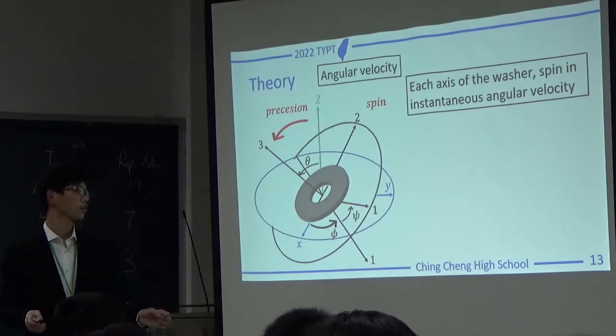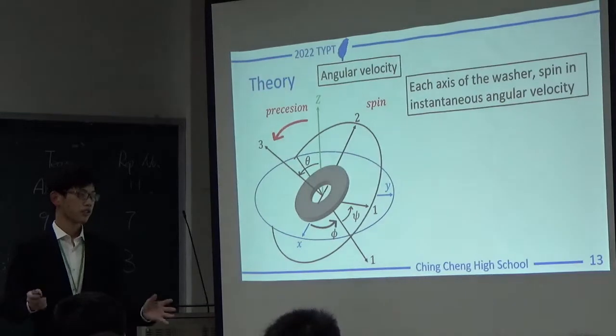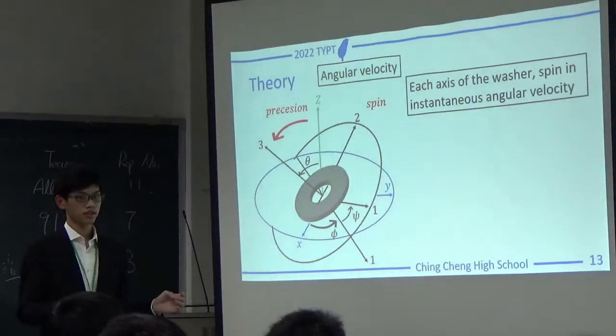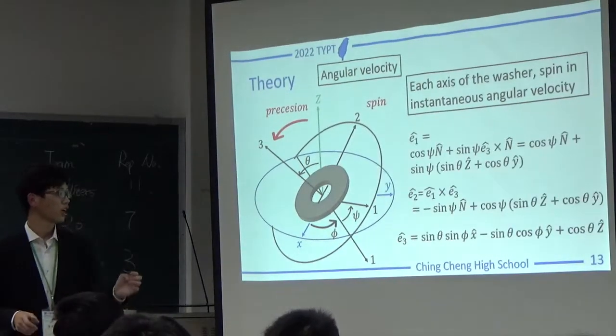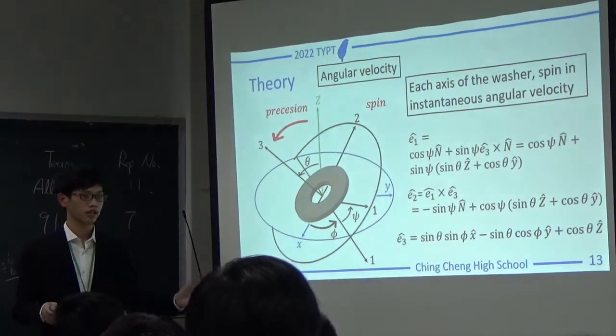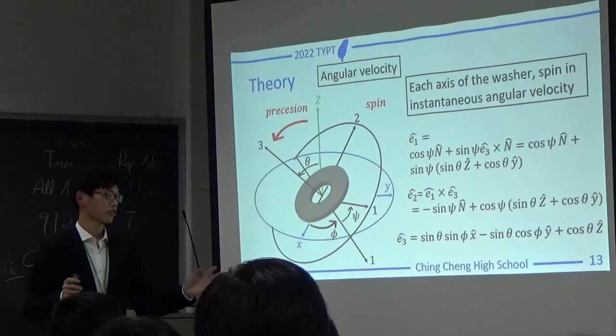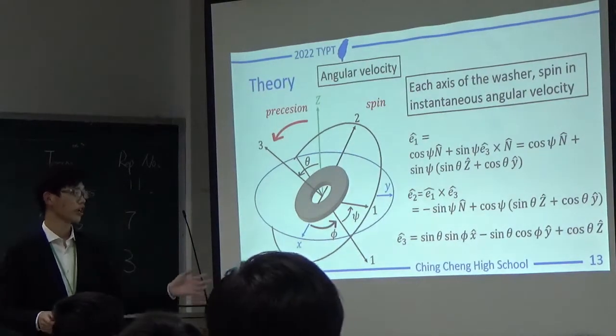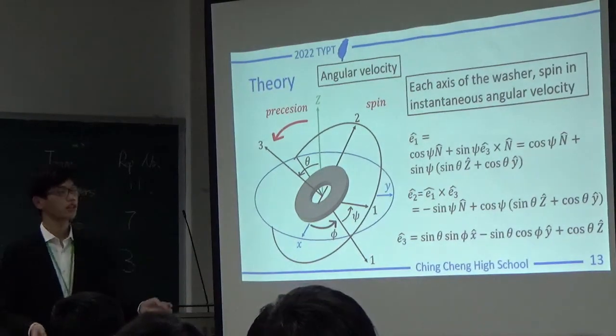Phi and psi are the precessional velocity's angles. After that, we can get the E1, E2, and E3 unit vectors by using all these three angles and some other axes.